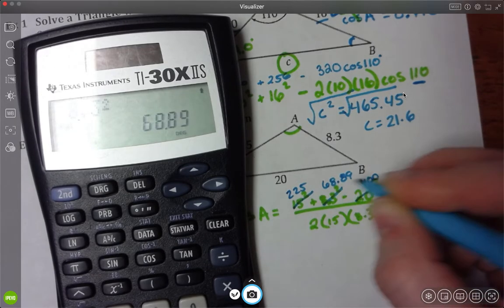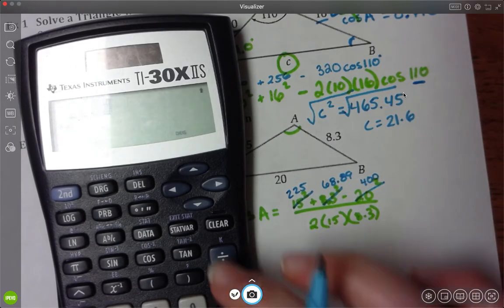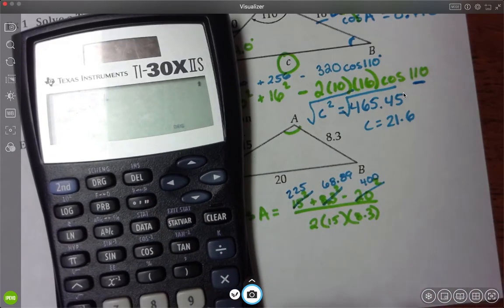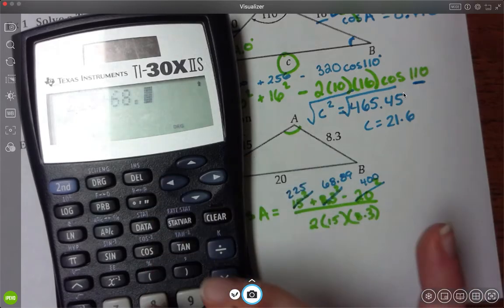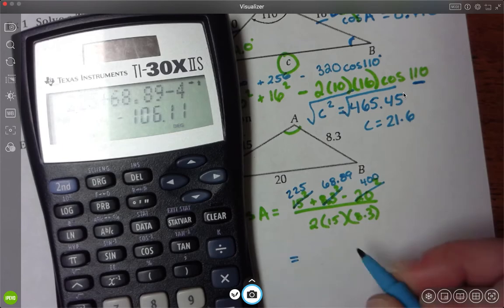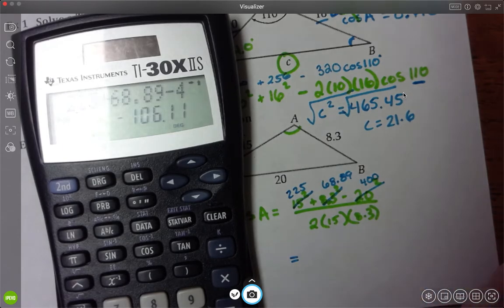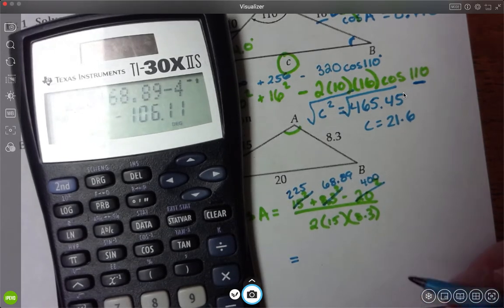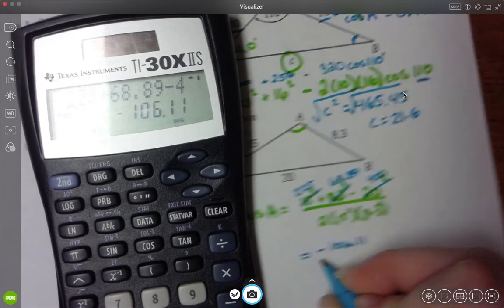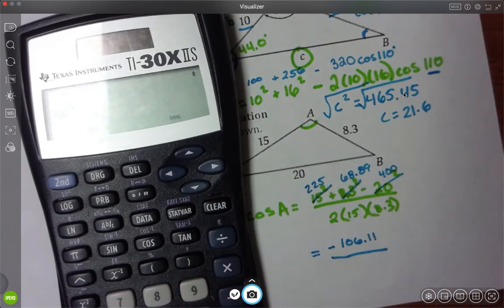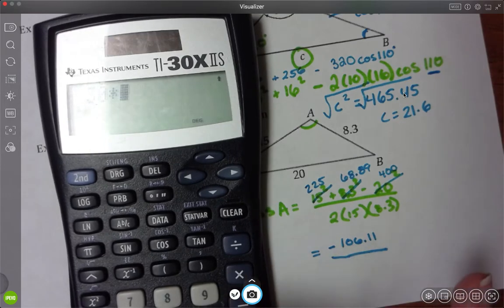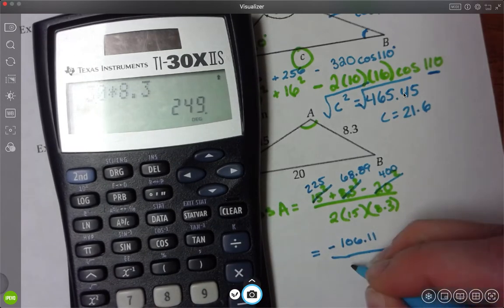So my top number, 225 plus 68.89 minus 400. Practice typing this in just like I am. And is that really a negative number? Yeah, negative 106.11. Bottom number, 2 times 15 is 30, so I'm just going to type that in as 30 times 8.3, and we get 249.